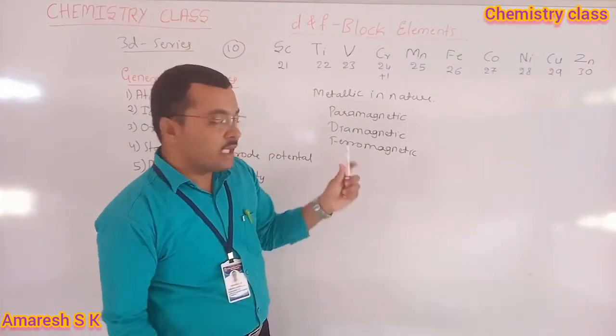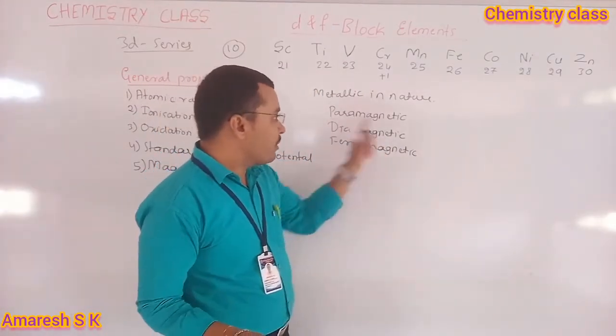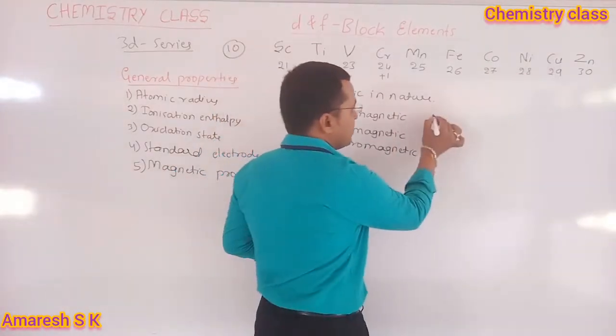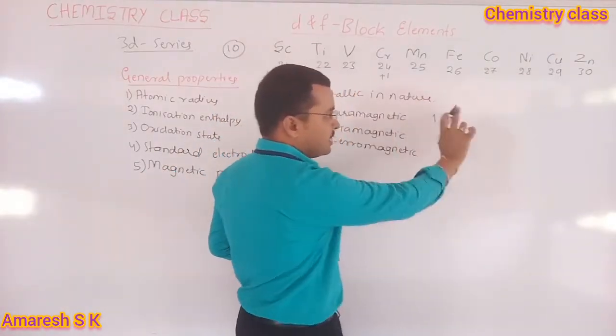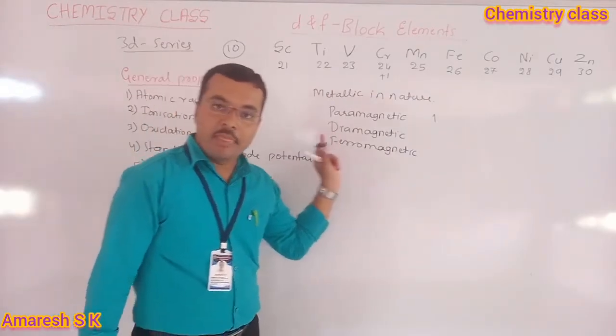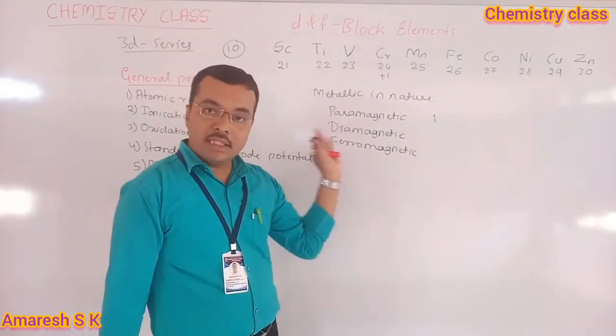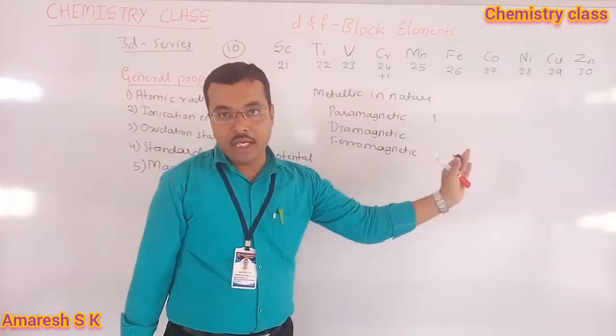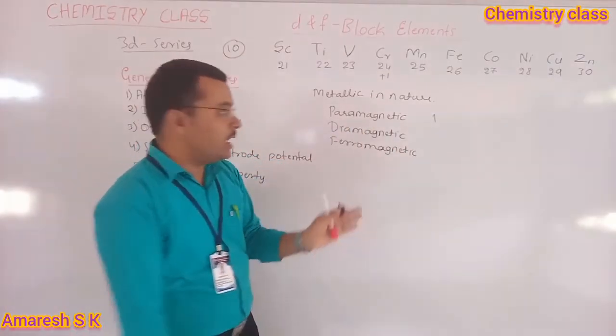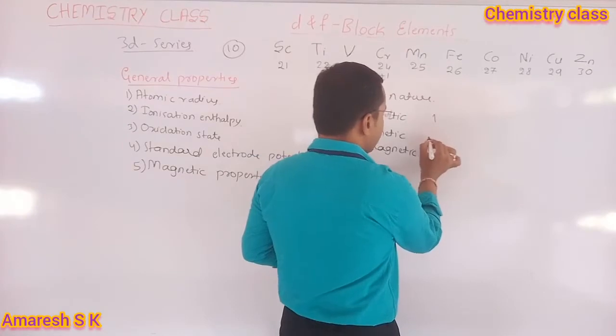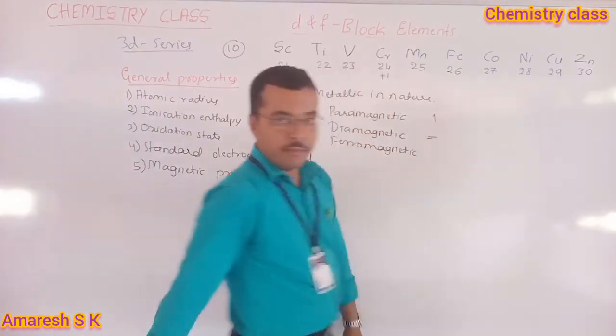In these metallic elements, the paramagnetic property is due to the presence of unpaired electrons in the outermost shell or valence shell. And if there are no unpaired electrons in the outermost shell or valence shell, it is called the diamagnetic property.